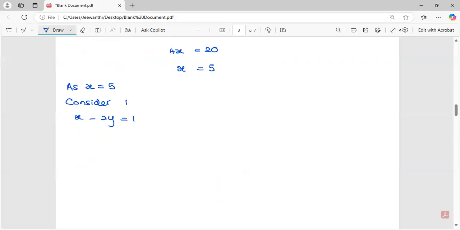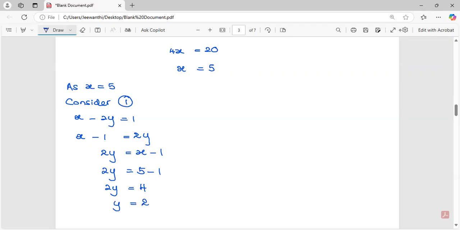So I want to find the y value now. So x minus 1 equal to 2y, and 2y is equal to x minus 1. 2y is equal to 5 minus 1. 2y is equal to 4. And y is equal to 2.